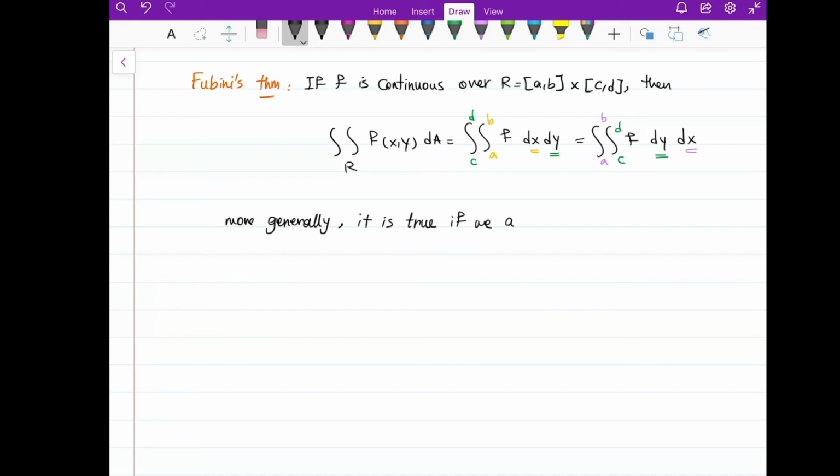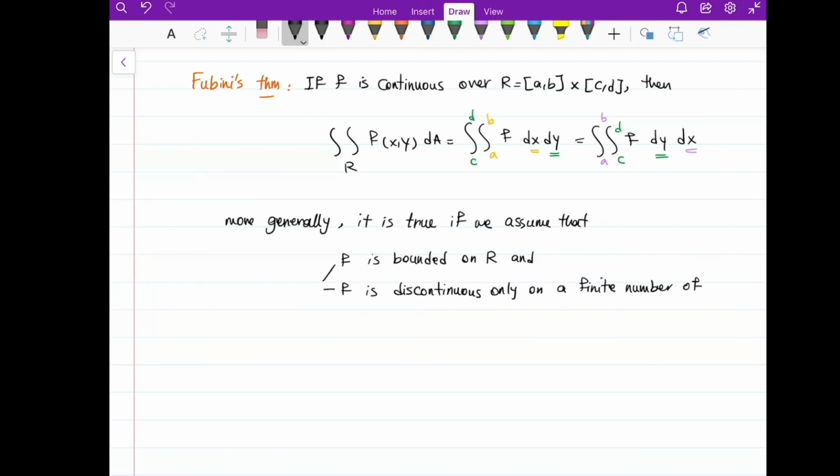If we assume that your function f is bounded on the region R and f is discontinuous only on a finite number of smooth curves. So we have discontinuity only on a finite number of smooth curves, and the iterated integrals exist.